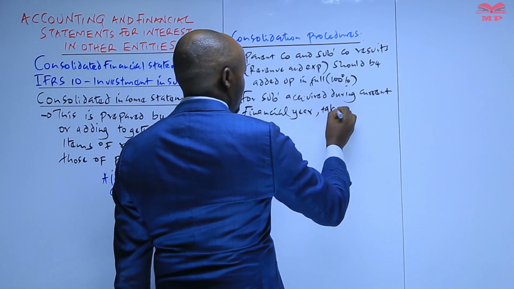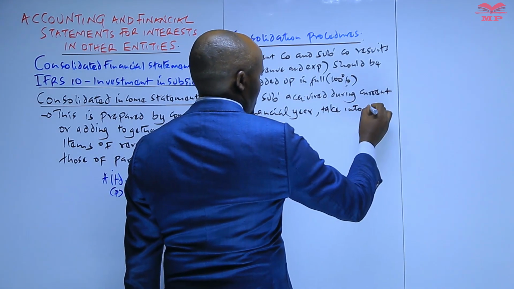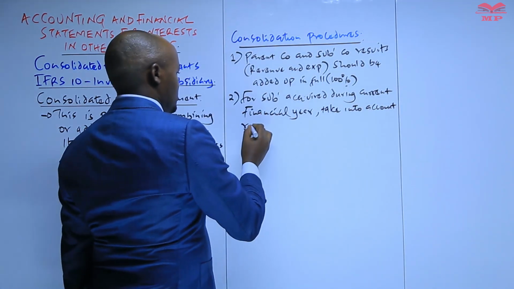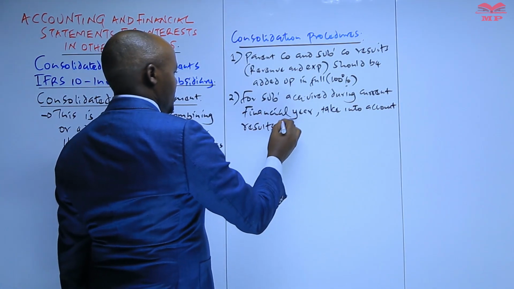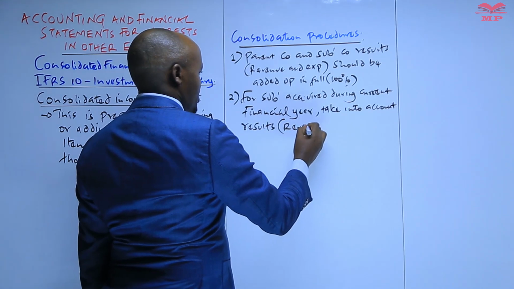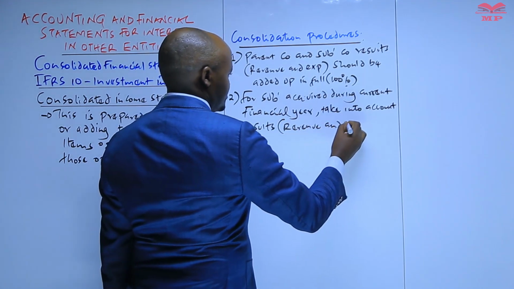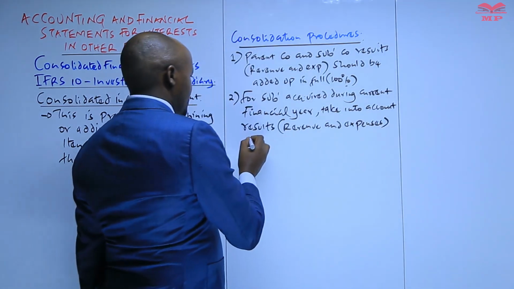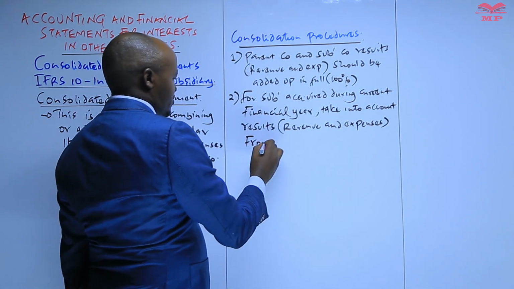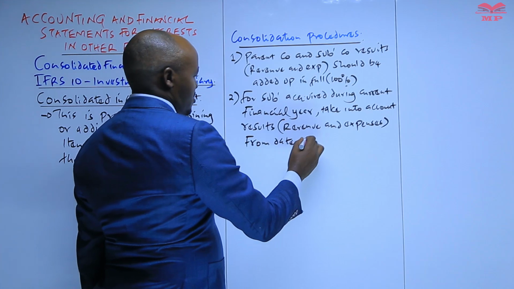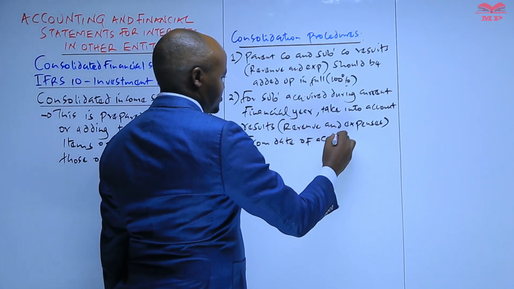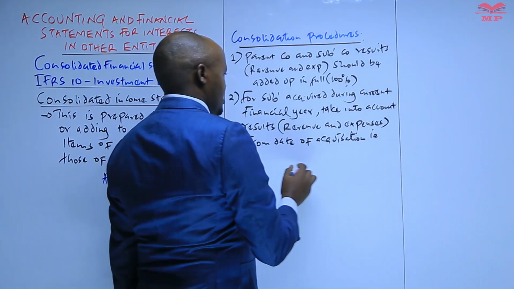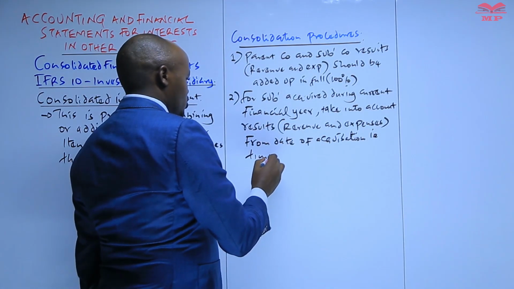Number two is that for a subsidiary acquired during the current financial year, take into account its results, basically that is revenue and expenses, from the date of acquisition, i.e. time apportioned.